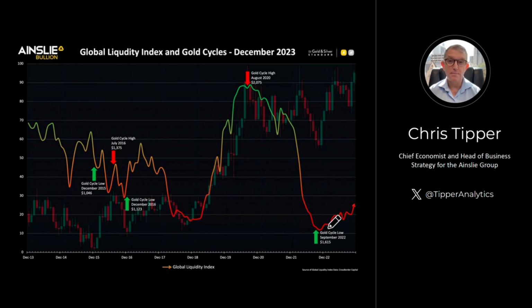And that's to do with the amount of debt in the system, which we'll talk a little bit more about later. But we are seeing a consistent pattern unfolding, and we can see it in terms of the investable opportunity here, because that low was clearly identified that there would be a time to start buying when we saw that we were bottoming out in the liquidity cycle for gold.